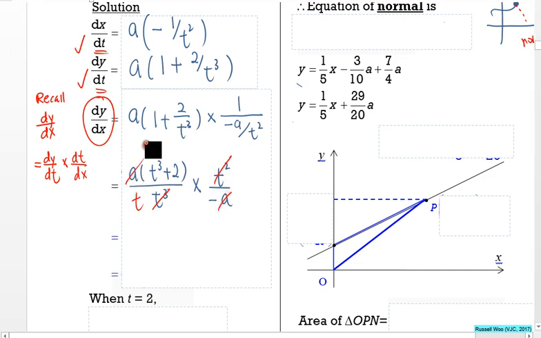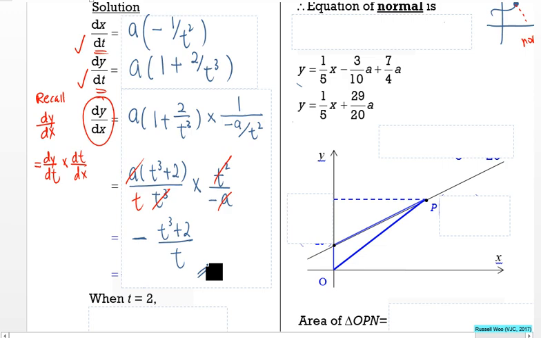Your a also cancels. What you end up with is negative (t³ + 2)/t. Okay? Don't know how many equal signs, no need for equal signs. Okay, that.